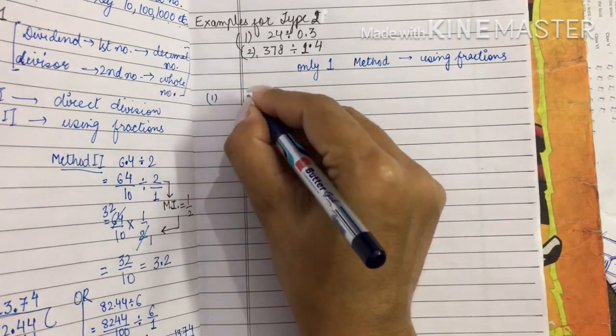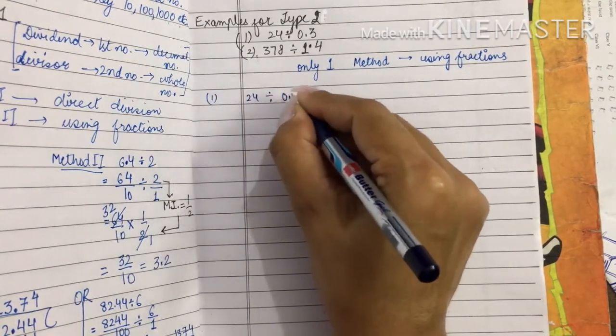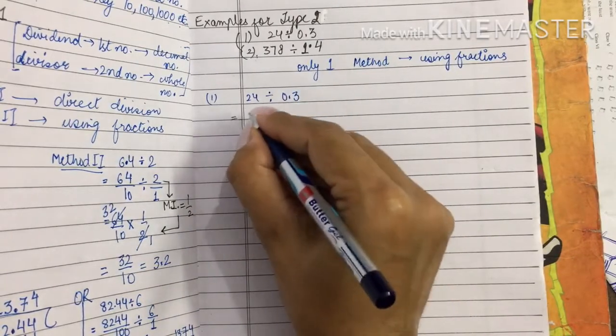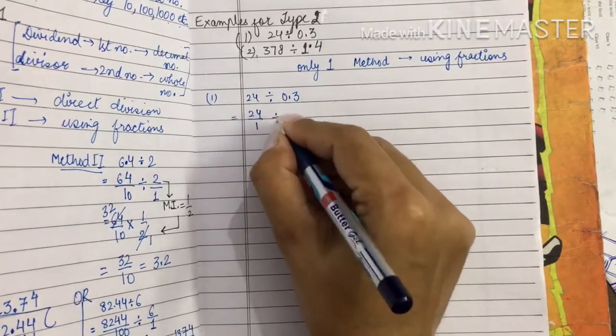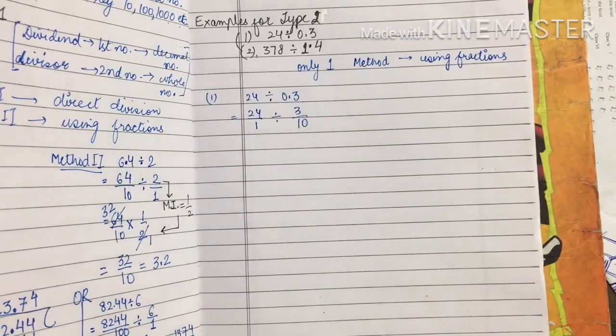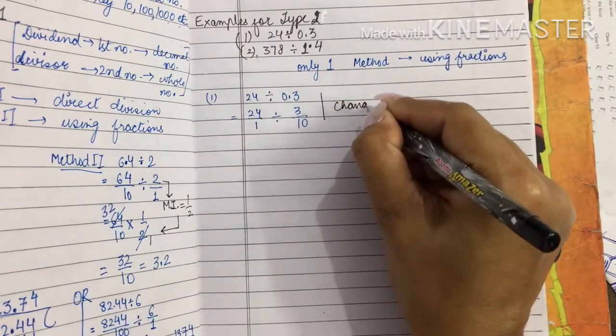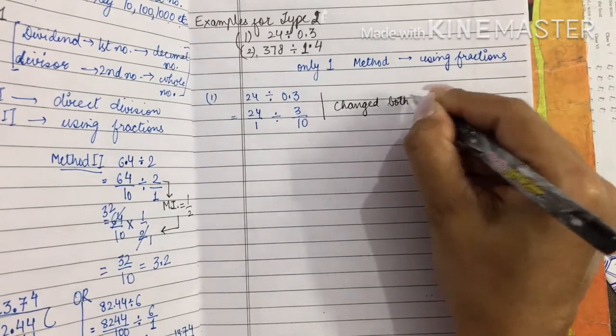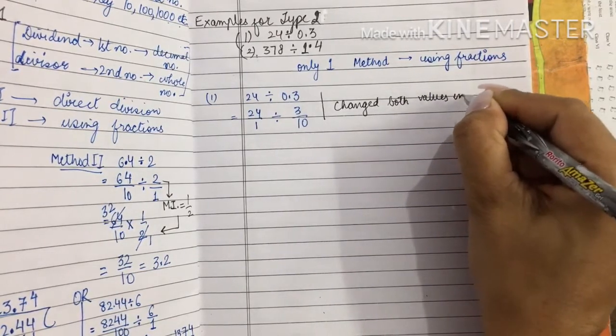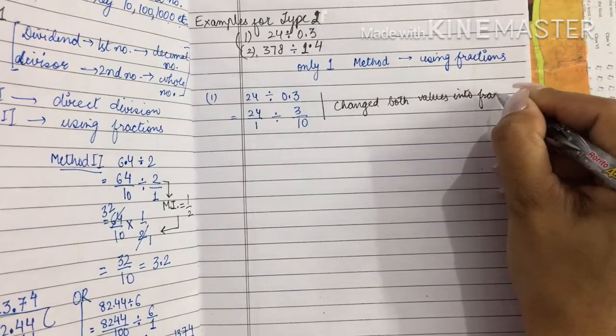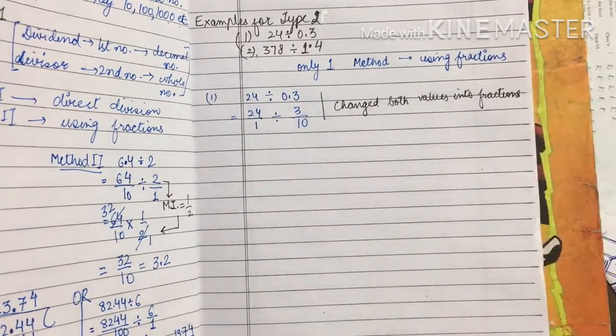The first part, 24 divided by 0.3, changing them to fractions: 24 by 1 divided by 3 over 10. So what I have done is I have changed both values into fractions. This is the first thing I have done.